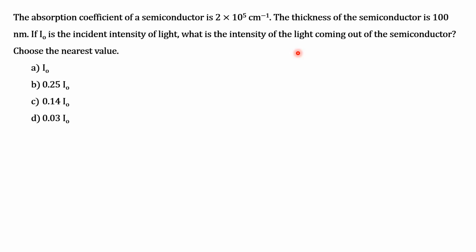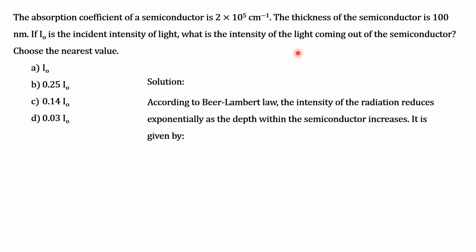Absorption coefficient is in centimeter inverse and thickness is in nanometers. Yes, ma'am. I converted into 10 raised to 2 meter inverse, and here 100 nanometer, meter get cancelled. Ma'am, I also got the I naught only, ma'am. Okay, then I need to work it out. Give me a minute.